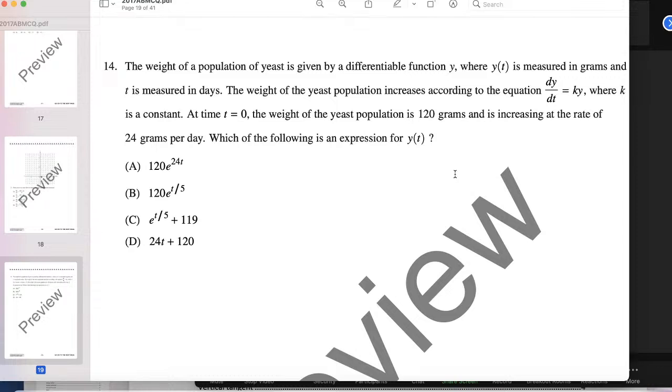A 14 is the CKT one. So yeah, okay. They said time equals 0, 102. So 120. This is the graph of f. Yeah, but this is the derivative of the e to the k 1 equal to 124.